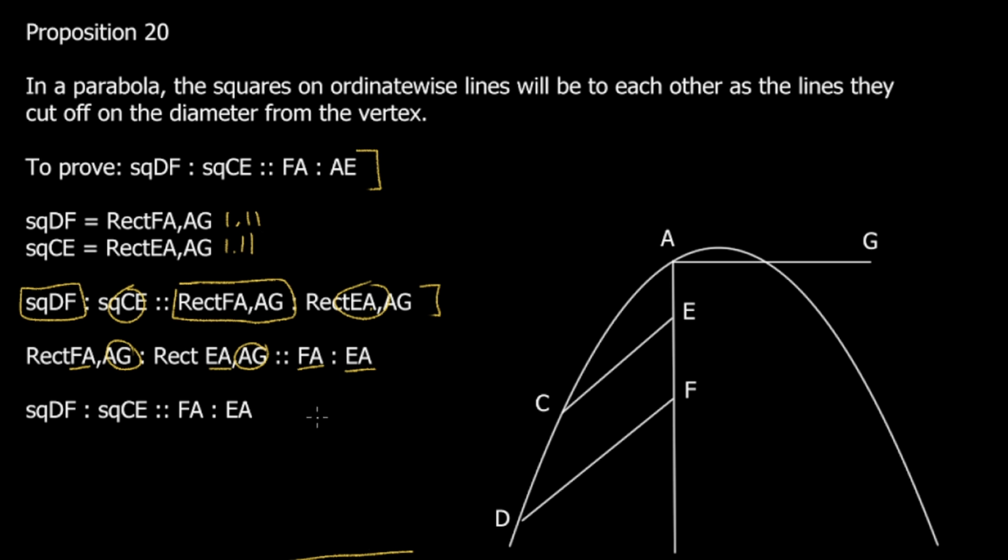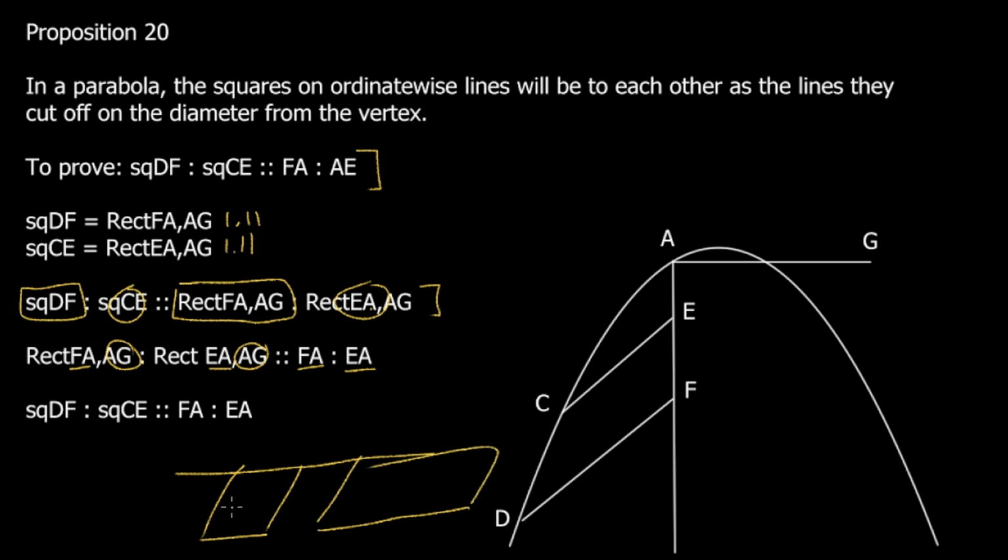Or I should say more properly that not only will they be the same area, but the areas are to one another as the lengths of the bases. So if you have a short base parallelogram under the same height, and a long base parallelogram under the same height, the area of this one is to the area of this one as the length of this is to the length of that.